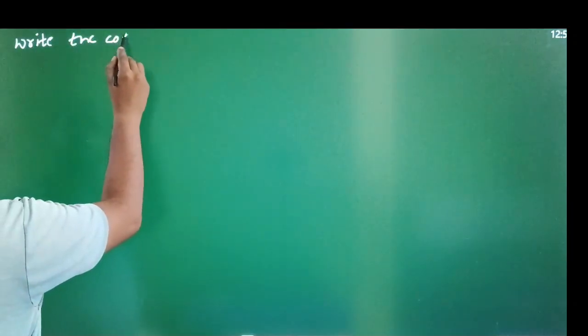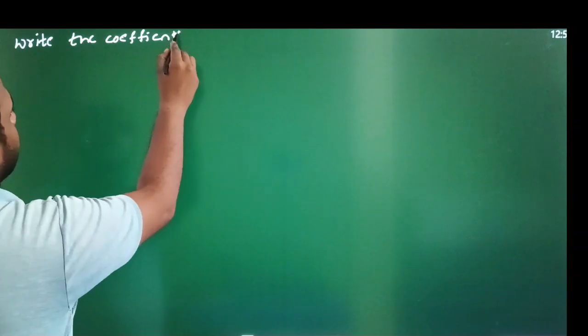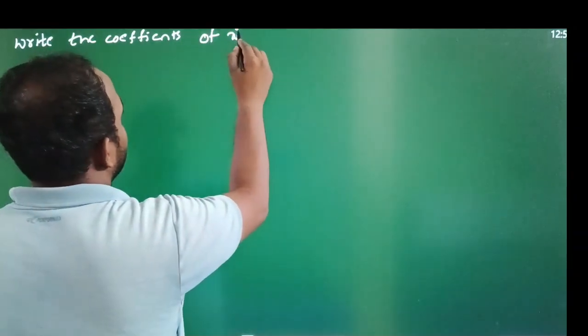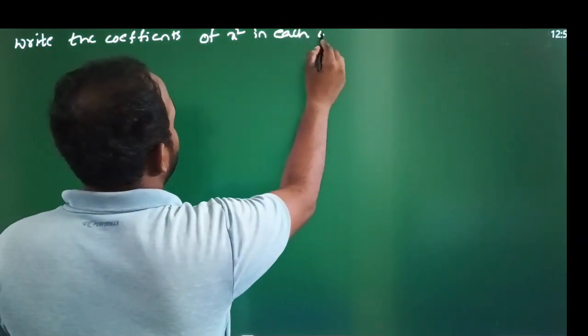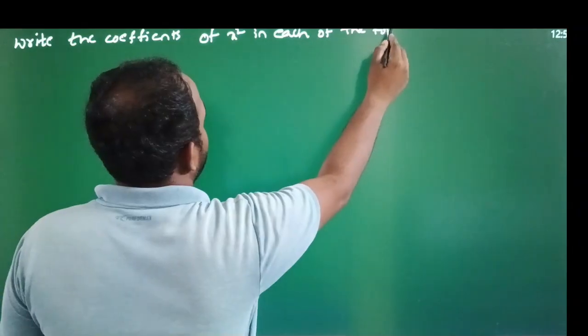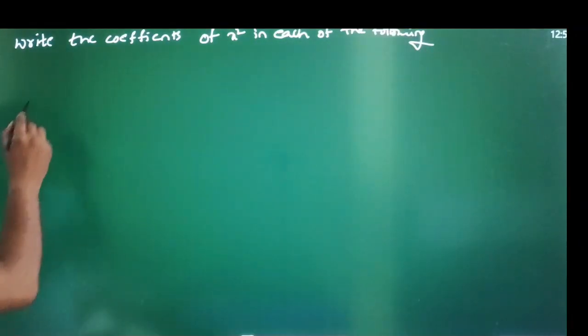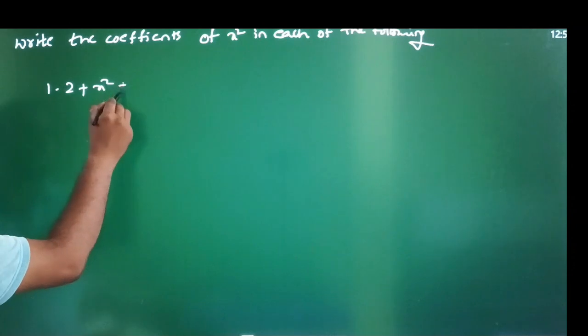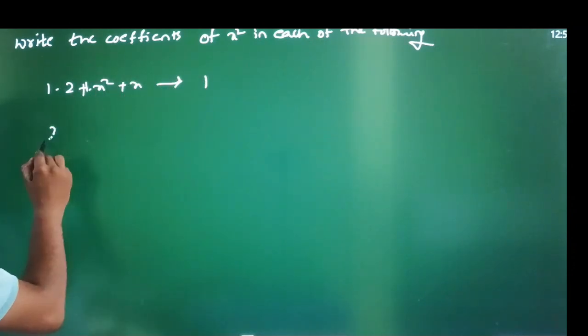Next one. Write the coefficient of x square in each of the following. First one. Here, the coefficient of x square is 1. Second one.